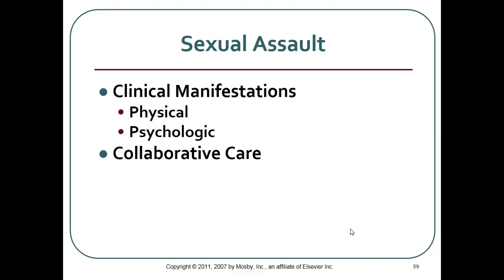So sexual assault, it can be physical or psychological. And physical is the most common. And it's really sad because a lot of times these women blame themselves. Oftentimes, if it's a spousal type of thing, they'll go back to their spouse. But it can be from somebody they know, like their spouse, or a complete stranger.